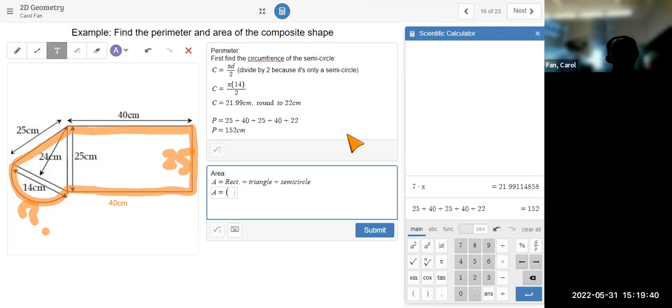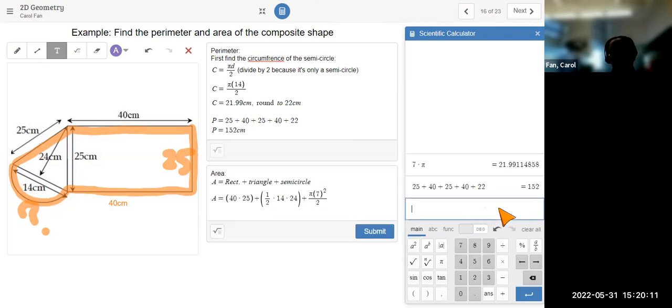So first I have the rectangle 40 times 25. Triangle, half times the base times the height. And then semicircle, I have pi r squared. R is 7 squared, and I have to divide the whole thing by 2. Let's throw this into the calculator.